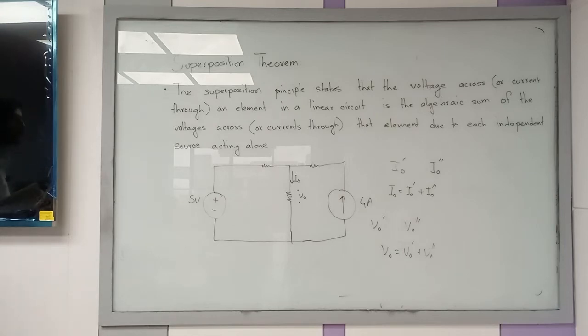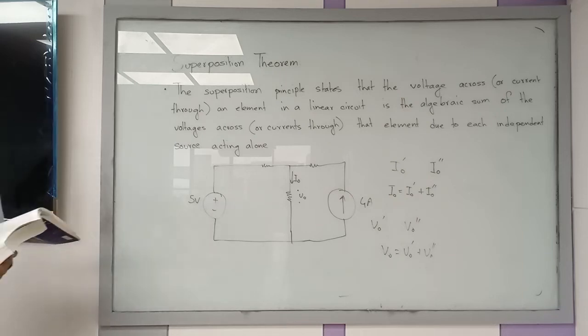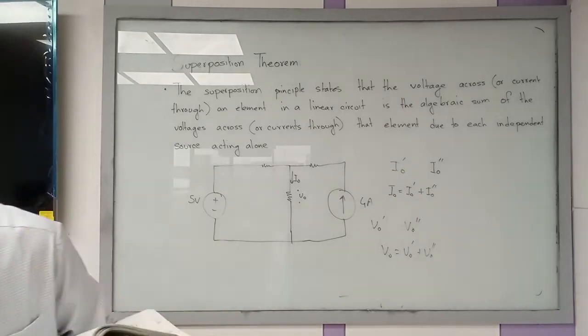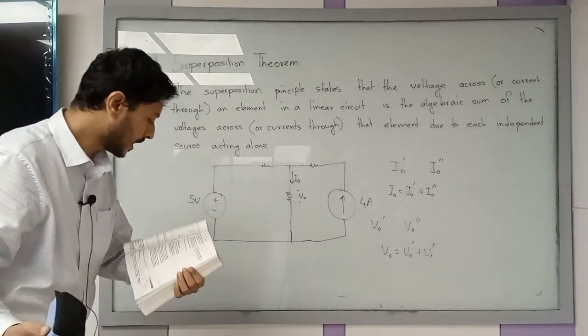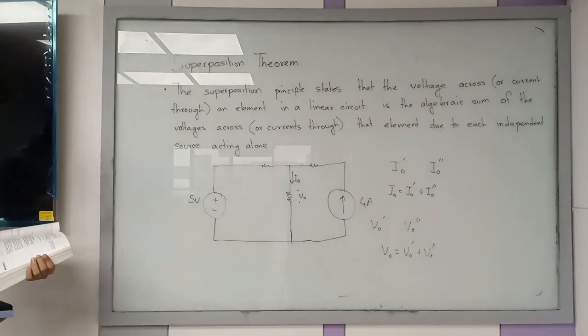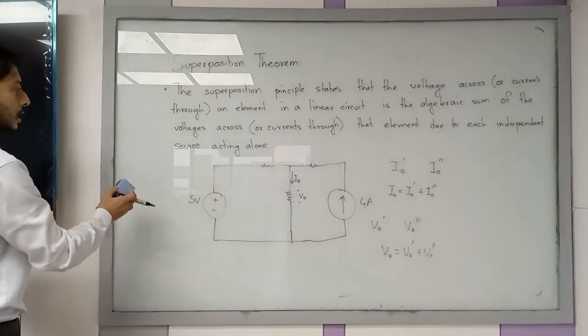The superposition principle states that the voltage across or current through any element in a linear circuit is the algebraic sum of voltages across or currents through that element due to each individual source acting alone. Okay? So this is how we solve the superposition theorem. There are steps as well. You have to remember them.